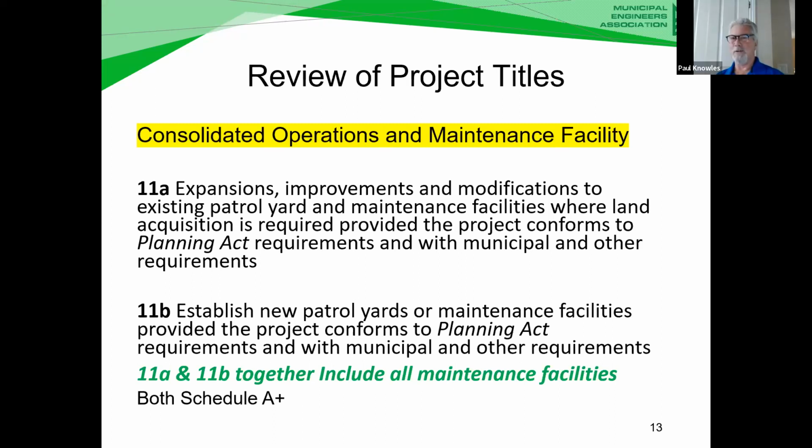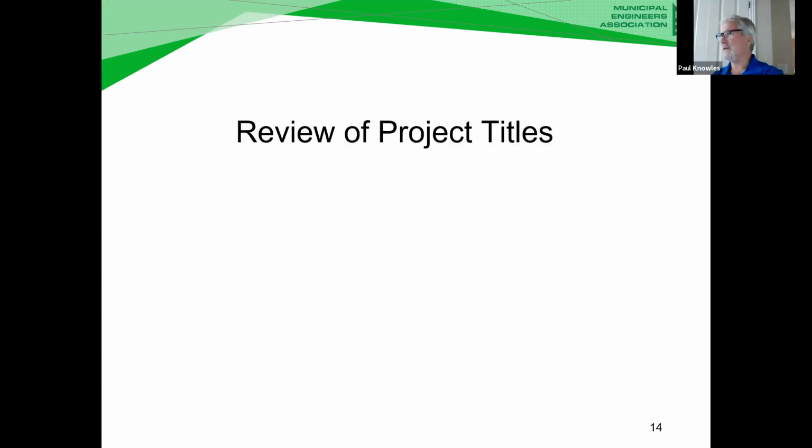So I can't quite see why. Again, we didn't look at the detail. Maybe the project has something else driving it, but it appears that this is improperly classified as a B or C. It should be an A plus.